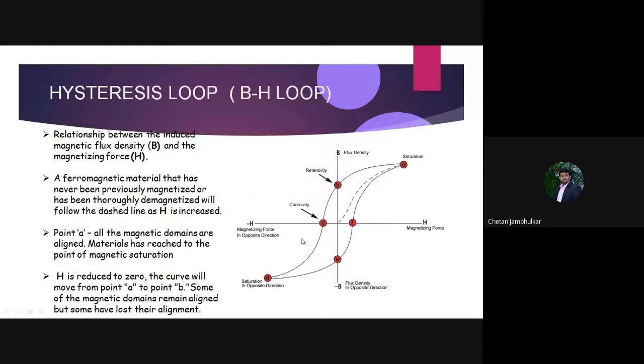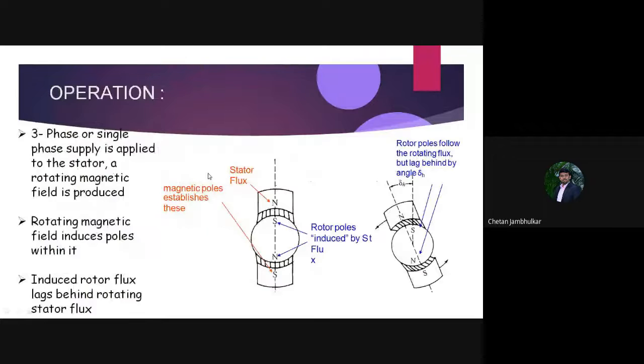This loop does not return to the origin of the graph; some force is required to make it 0. That's why it goes to point F, not to 0. So this shape is called a hysteresis loop.